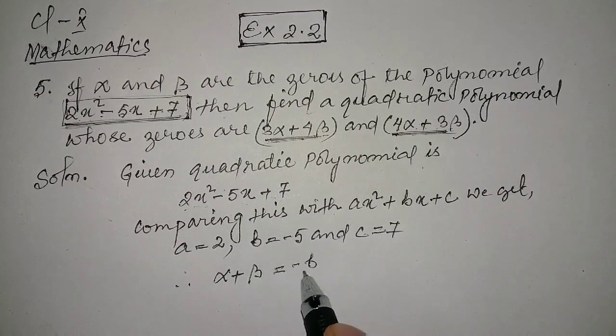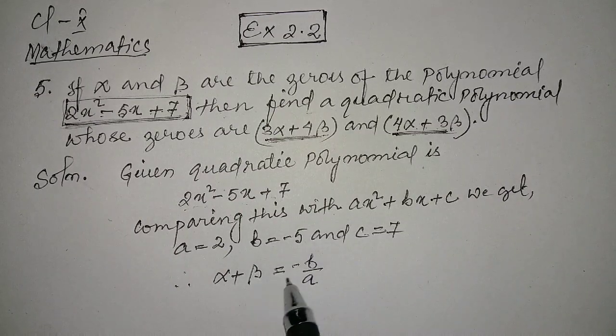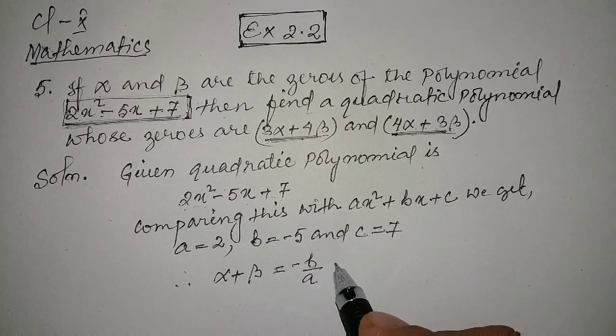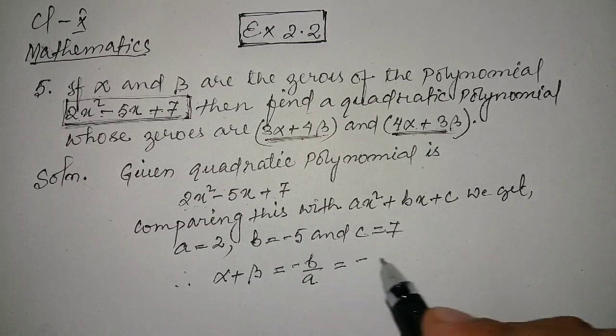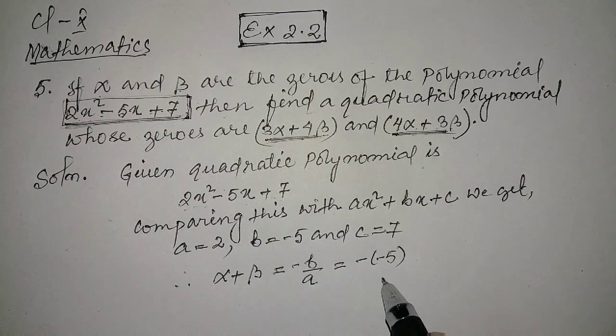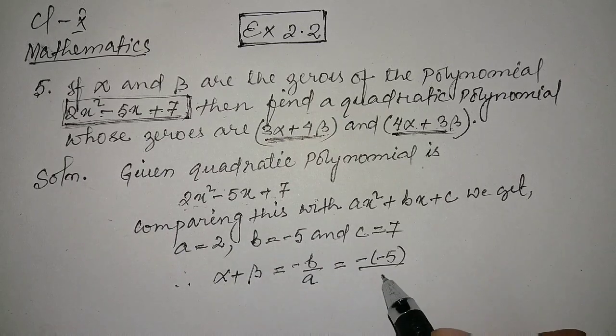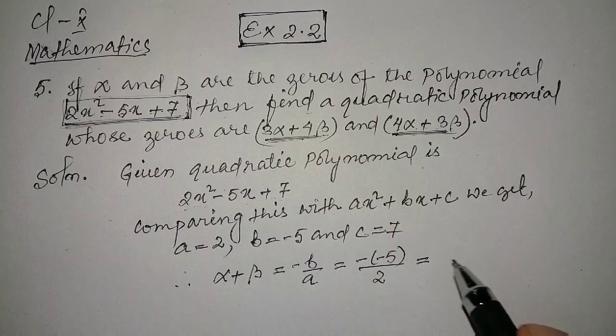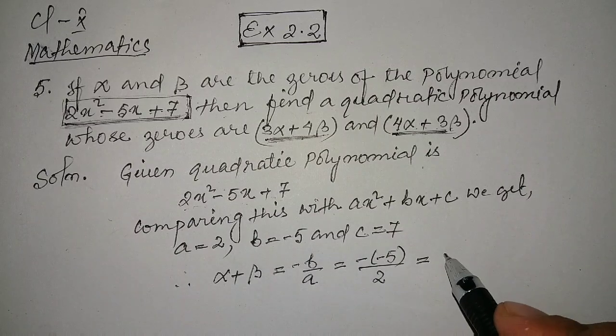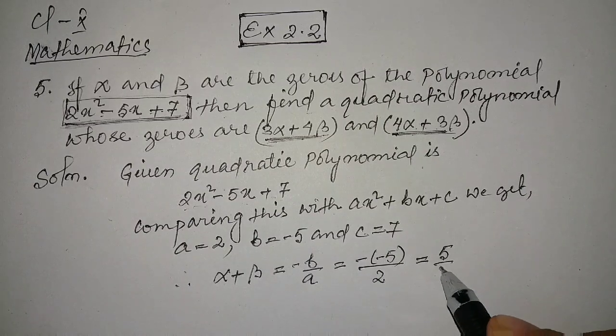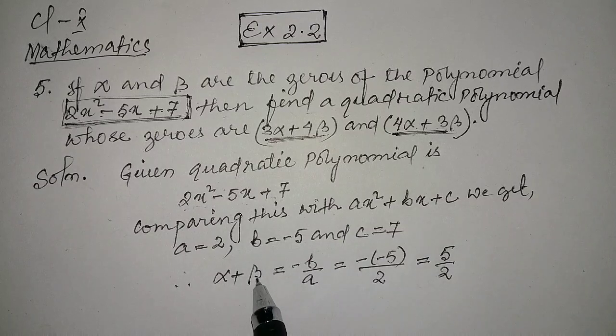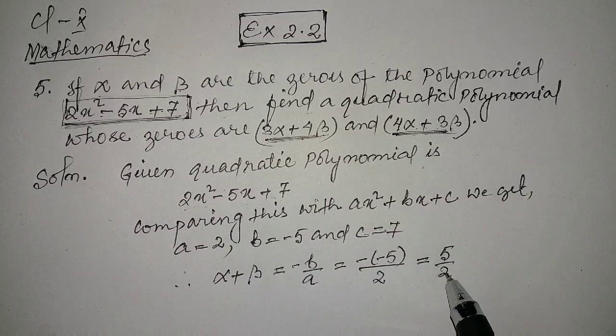So sum of the zeros is equal to minus b by a, and so minus b is minus 5, a is 2. Now minus minus is plus, so we got here alpha plus beta is equal to 5 by 2.